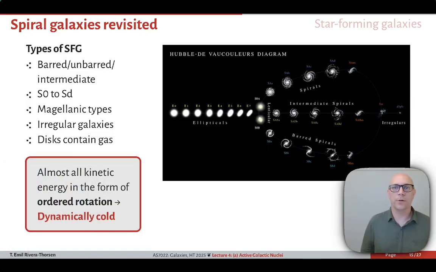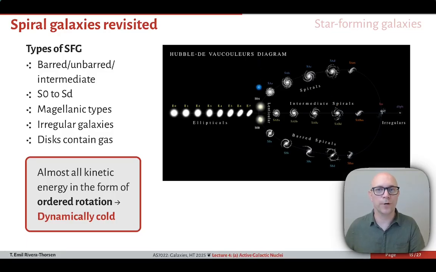If we remember the Hubble-de Vaucouleurs tuning fork diagram of galaxies, and we take a closer look at the right side of the diagram, where we have the star-forming galaxies, we remember that from the top to the bottom, we move from unbarred to barred galaxies with intermediates in the middle.